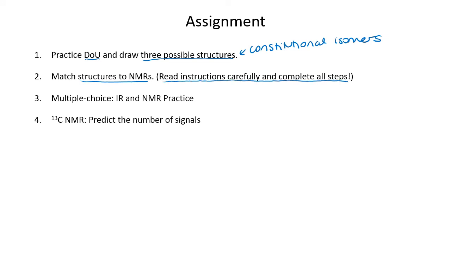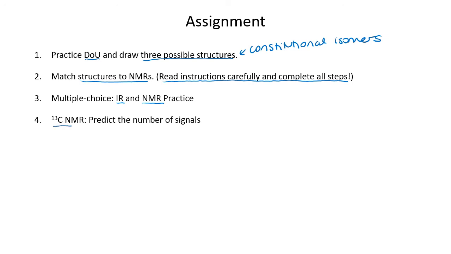There are 4 different things you need to do for every NMR spectrum. Then you'll have 2 multiple choice problems. With these ones, you'll be given 4 possible molecules, and you'll also be given the IR and the NMR data, and you'll have to match one of the molecules to both pieces of data.